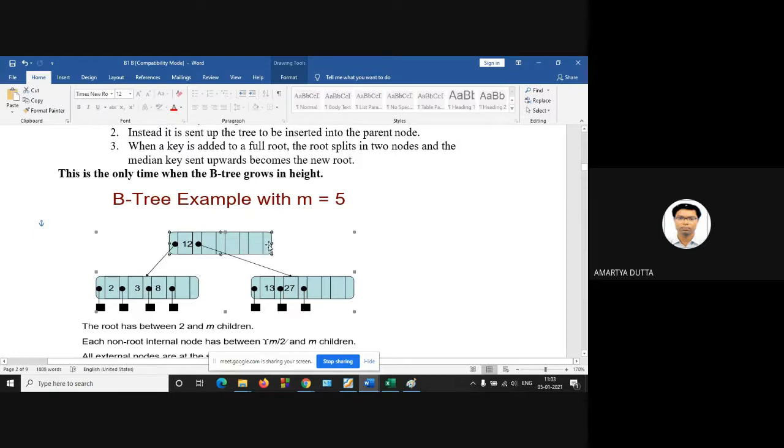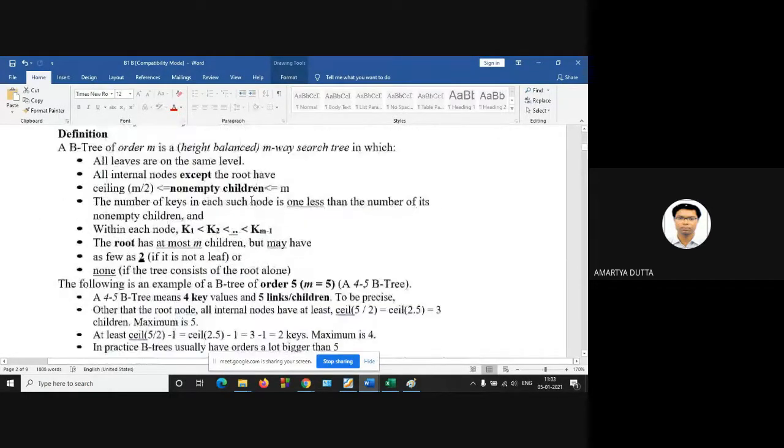So there will be at most 5 children, and the number of keys will be 5 minus 1, which is 4. This is the first key K1, the second key K2, K3, and K4. So K4 means K of m minus 1.